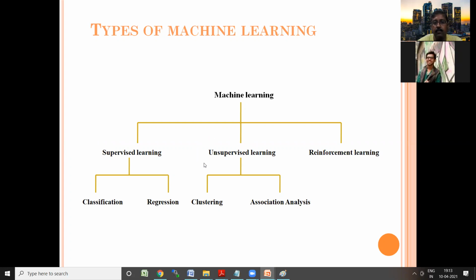Then the second form of learning, where we use some past experience not in a direct way but in an indirect way to solve the problem, is called unsupervised learning. Basically, you are not getting direct supervision from an expert; you are using indirect supervision or indirect guidance. Again, it might be of different forms.